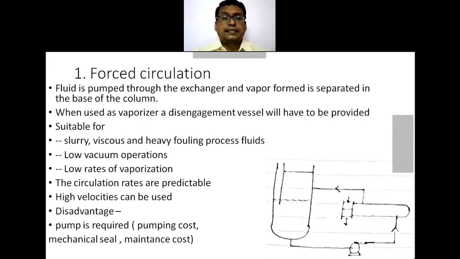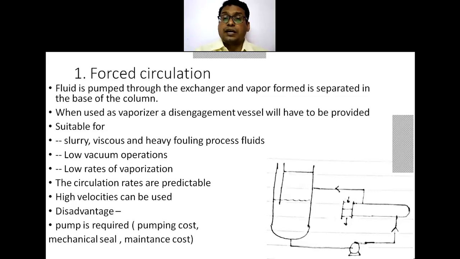So forced circulation reboilers are suitable for slurry because we are pumping the fluid. When we are pumping the fluid, we are using an external source of energy, and slurry, viscous fluids or heavy fouling fluids can be handled.